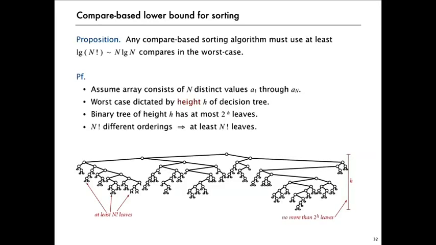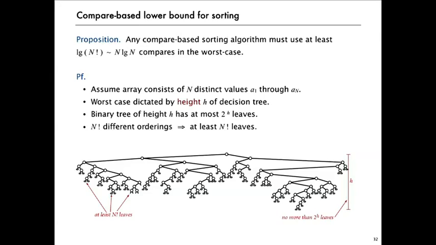And then the proof generalizes what I talked about in the decision tree on the last slide. We assume that the array consists of n distinct values, and there's a decision tree that describes the performance of any algorithm, the compare sequence done by any algorithm to determine the n factorial different orderings.